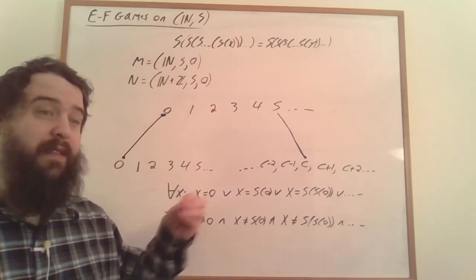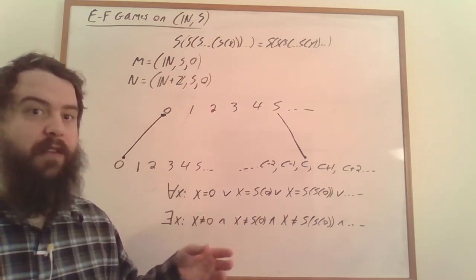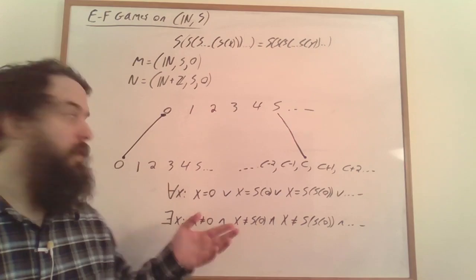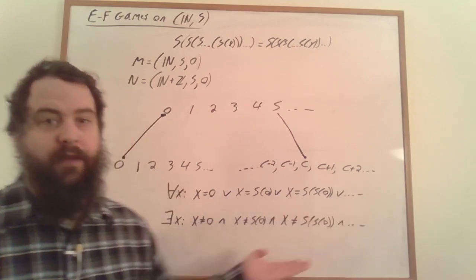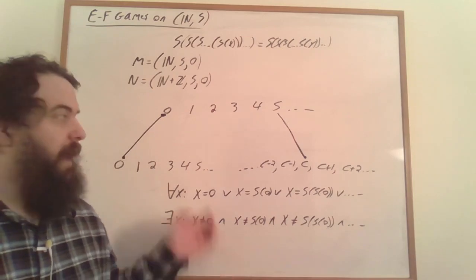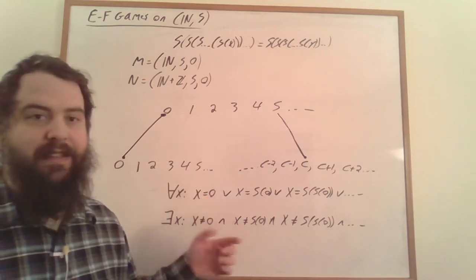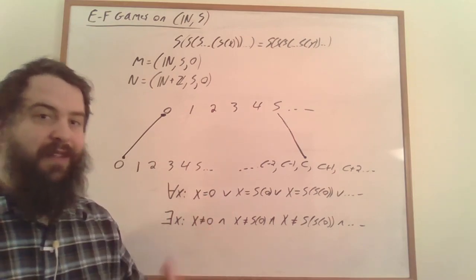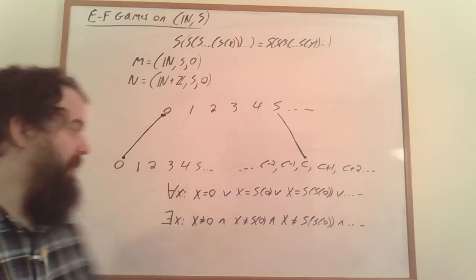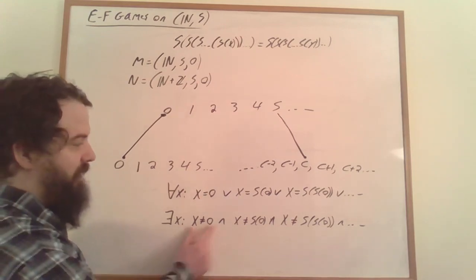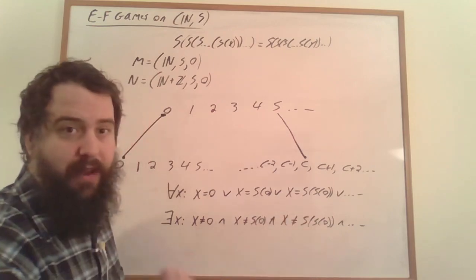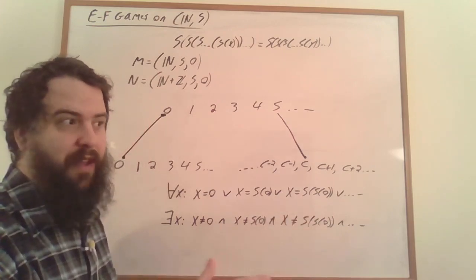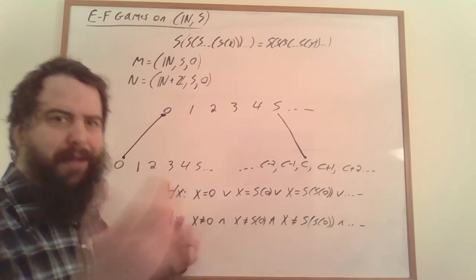So again, we still have to talk about Ehrenfeucht-Fraïssé games of length n, and we want to restrict the quantifier depth of each formula. And actually, if we have infinite ands and infinite ors, you could and together or or together a formula of quantifier depth 1 and a formula of quantifier depth 2 and a formula of quantifier depth 3 and so on and so forth, and get a formula of unbounded quantifier depth.